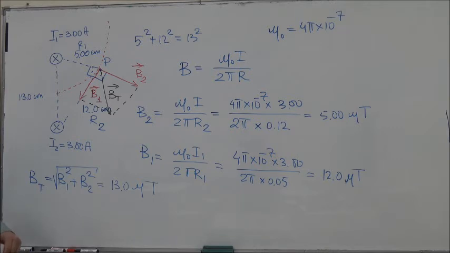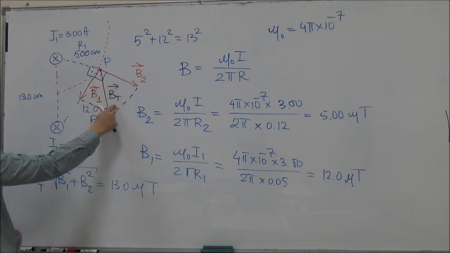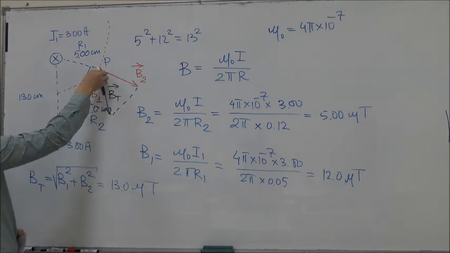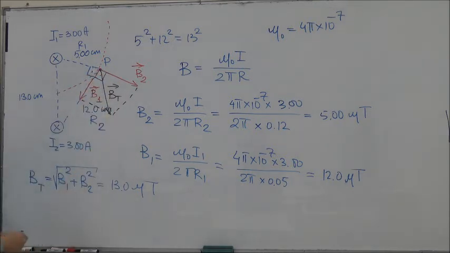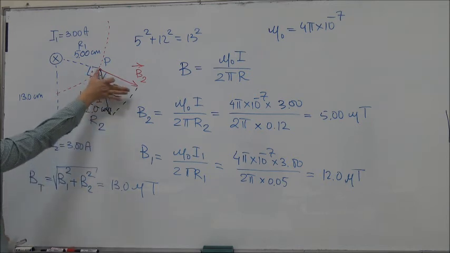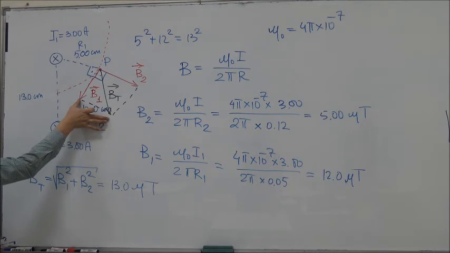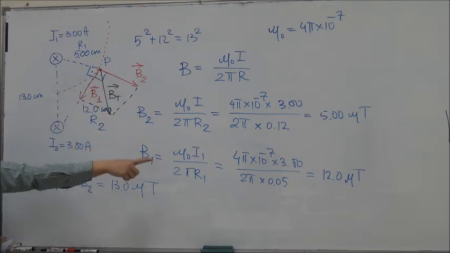It may not be entirely obvious, but the direction of the total magnetic field in this particular example is actually pointing straight down. The reason is that the magnitude of B2 is equal to 5 and the magnitude of B1 is equal to 12.